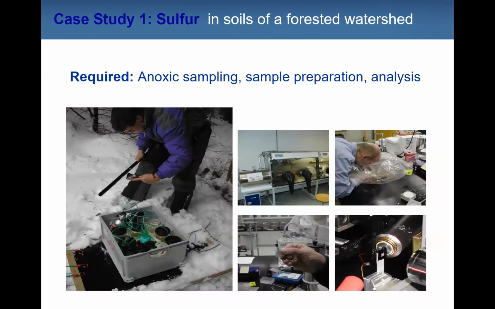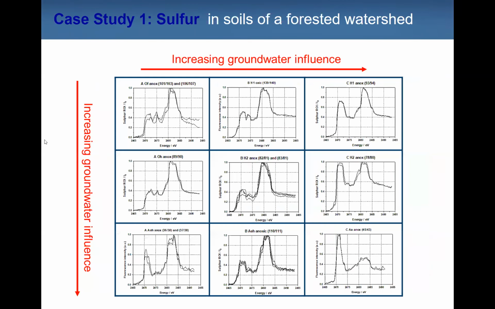So you have to be careful with anoxic sampling and maintain very difficult but rewarding steps during sampling and sample preparation. And by doing so, we got a nice picture of the effects of increasing groundwater influence in our soils.